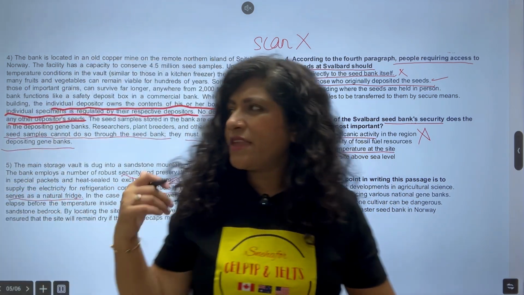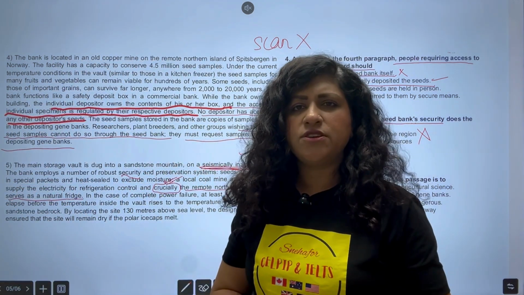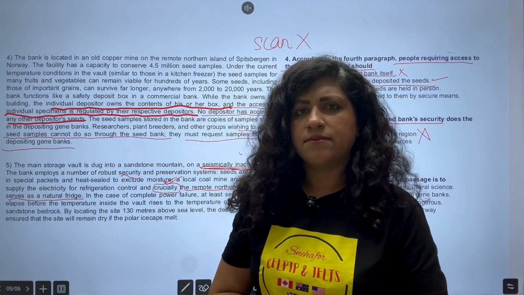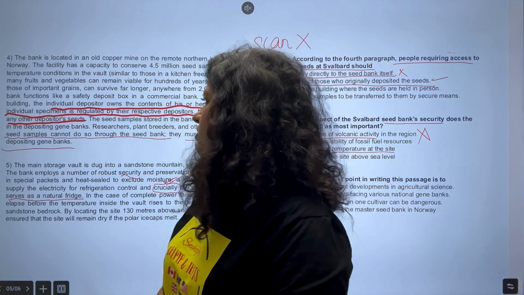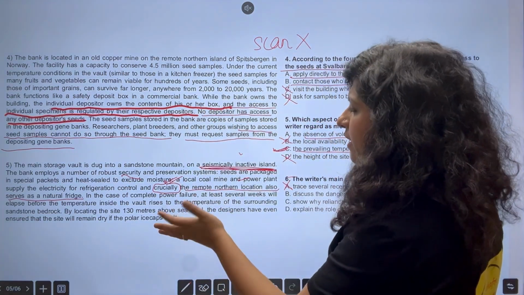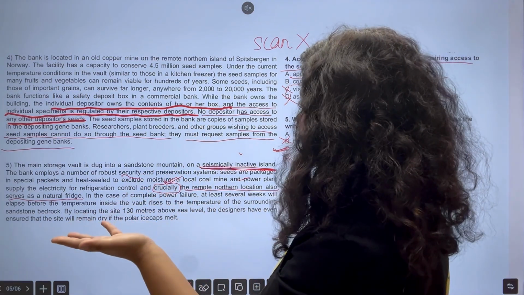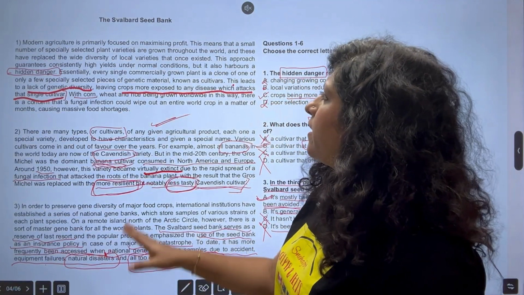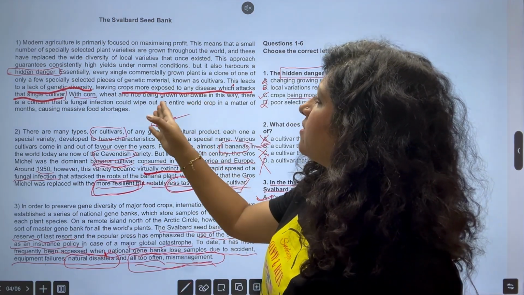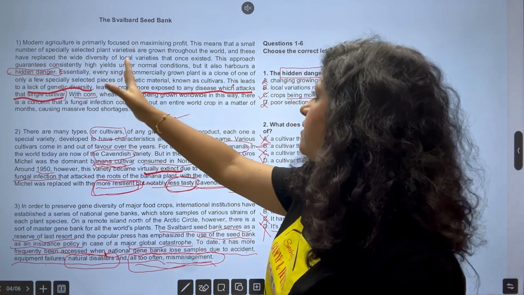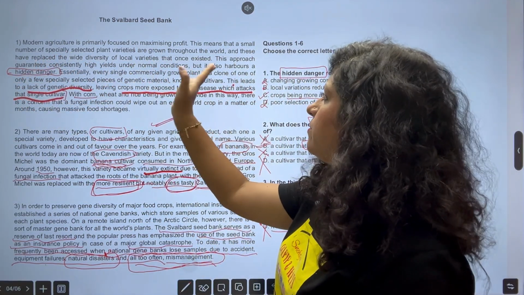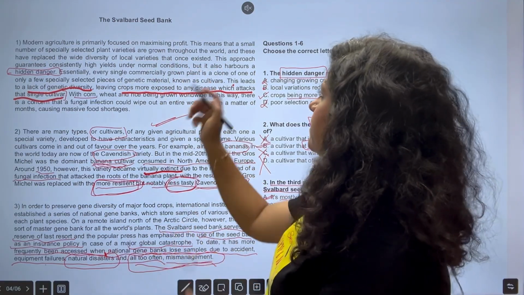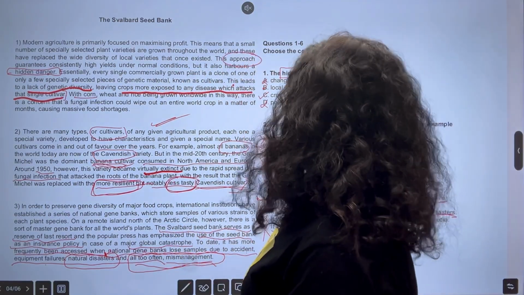Now this text, it's not only about dangers. There are many more things discussed, right? Dangers is something that I can hardly see in the text. Where do you see dangers being mentioned? In para A, it talks about this hidden danger, yes, but that is related to this approach, right?